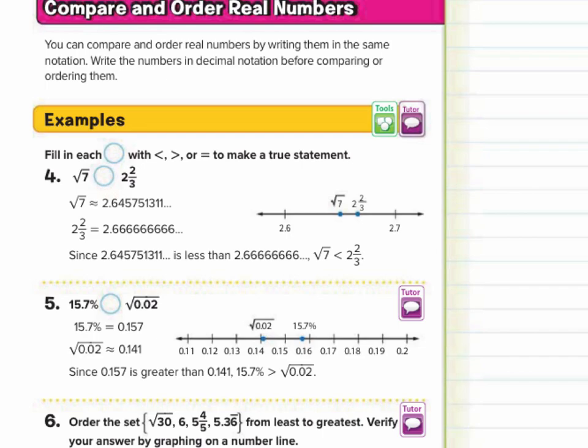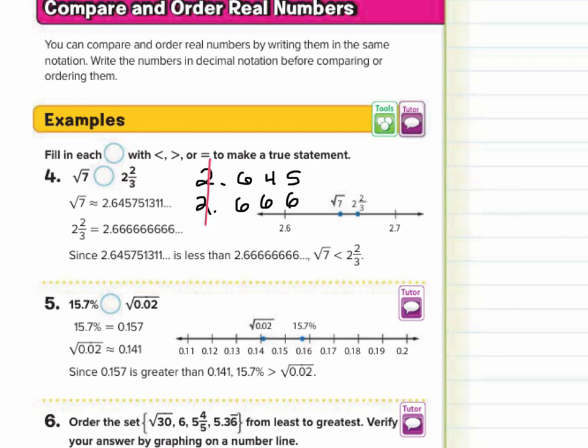And so in our guided example, we have the square root of 7 compared to 2 2/3. Well, the square root of 7 is about equal to, using our calculator now, 2.645751311. Versus the 2 2/3, which is 2.666666666 on and on forever. Now, if we organize this and write 2.645, and then we have our 2.666.